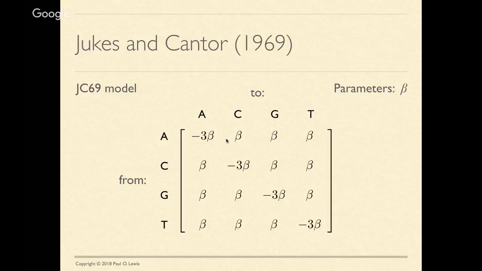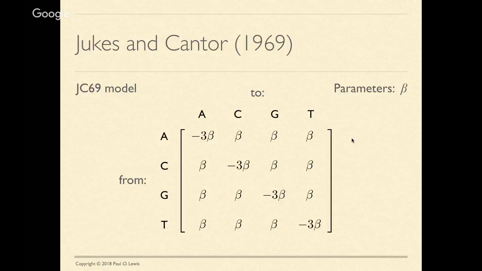So this is a rate matrix and not a probability matrix. If it were a probability matrix, then the rows would sum to 1, but it's a rate matrix, and so the rows sum to 0. The diagonal element is always the negative of the sum of all the other elements in the row. So this is a single parameter model, 1969.